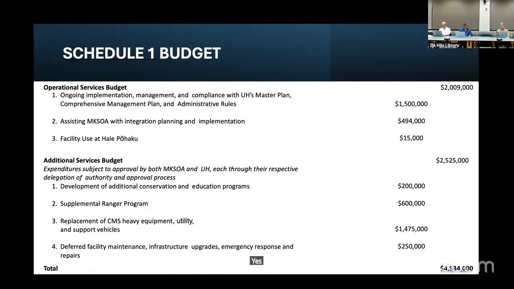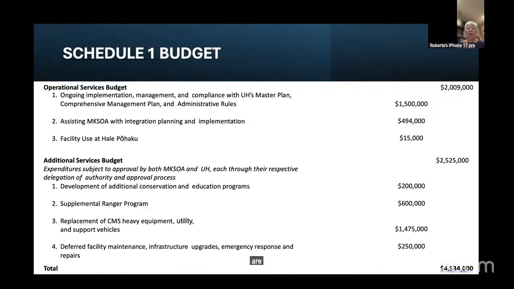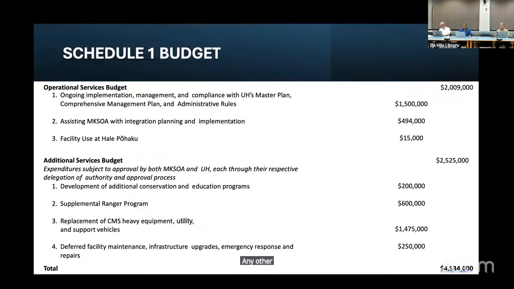Yes, that's fine, and we're planning on putting that money in until the transition actually takes place. So what this is replacing is more the RTRF and the TMT rent, those add-on funds that we were getting from other sources, but the university funds are okay. Okay, thank you. Any other questions?